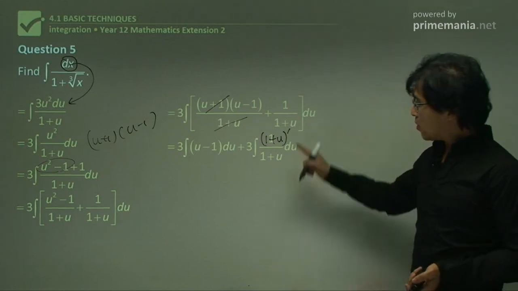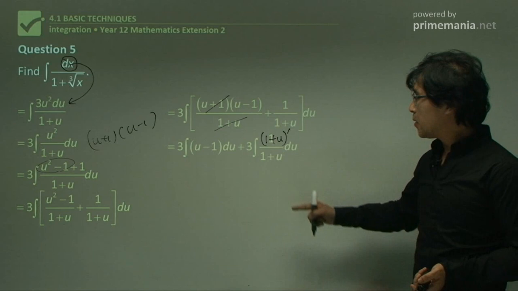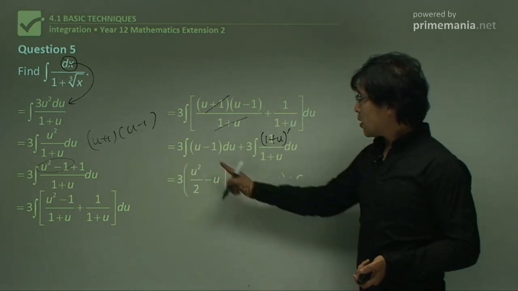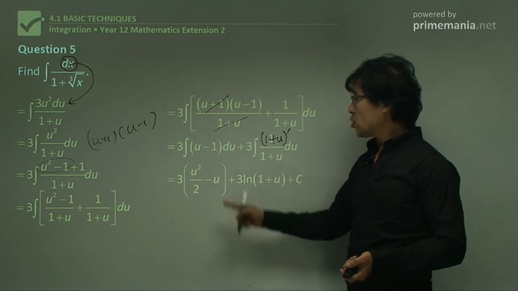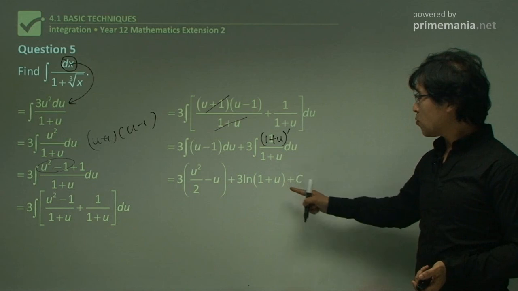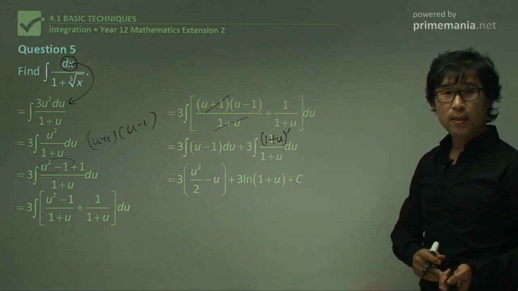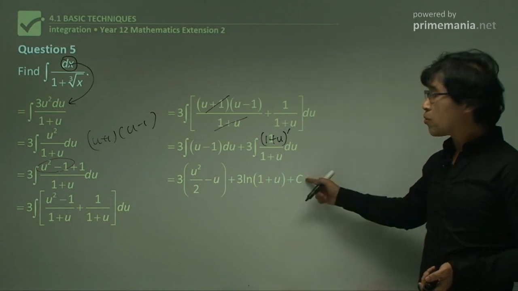Can you see? Differentiate over not differentiate will be ln. So u is integrated to u squared divided by 2, 1 is integrated to u, and 3 ln of 1 plus u, plus c. Not finished. What do you want to do after this one?